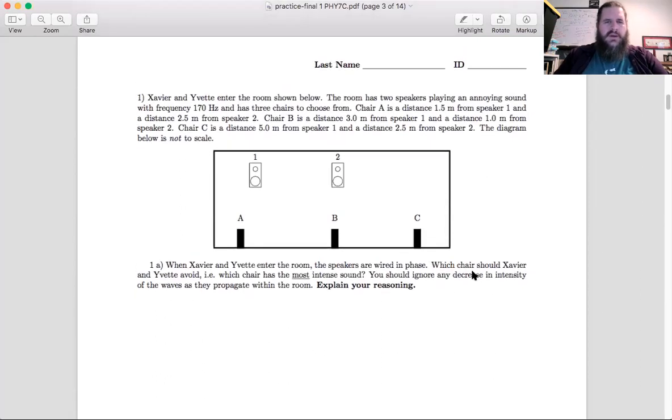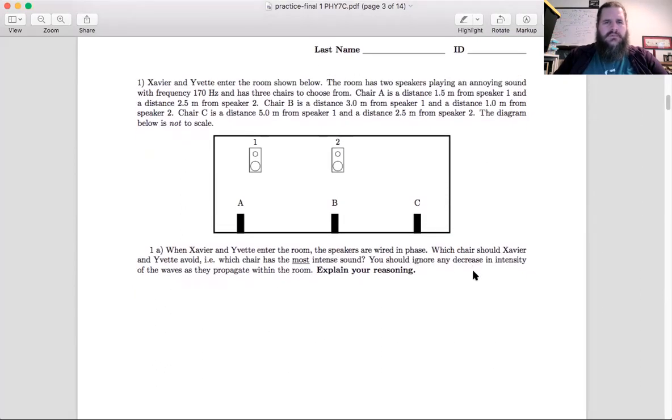Okay, so here we've got several speakers, and we're trying to figure out what's our goal here? What are we trying to figure out in this situation?